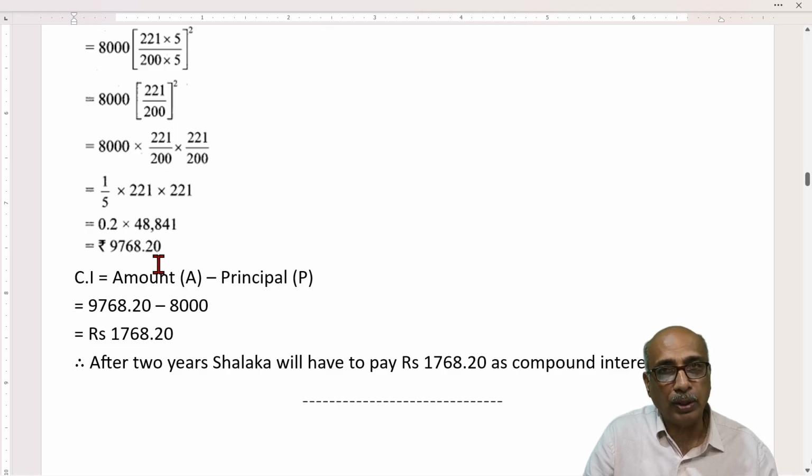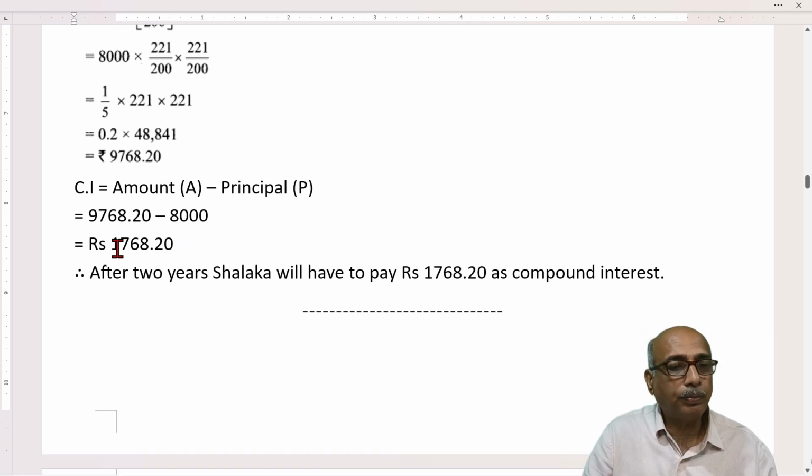Your amount is not asked, compound interest is asked. So compound interest equals amount minus principal. 9,768.20 minus 8,000 equals rupees 1,768.20. Therefore, after 2 years, Shalaka will have to pay rupees 1,768.20 as compound interest.